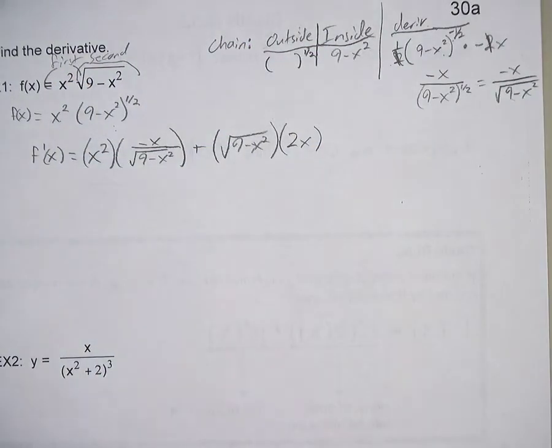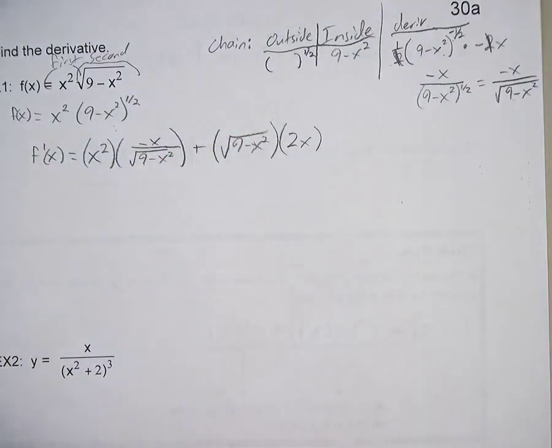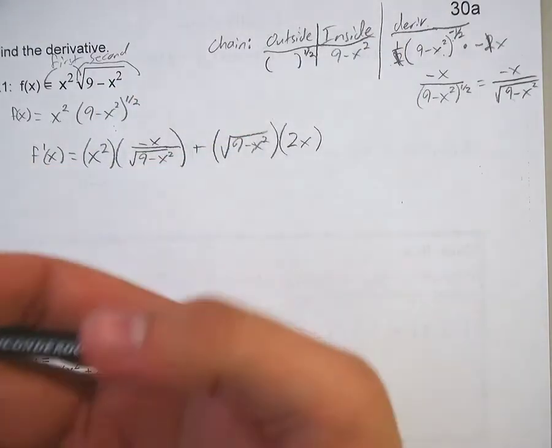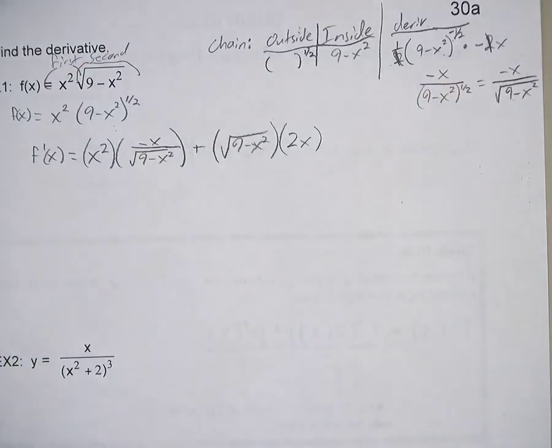Okay, so to find the derivative of the second, we had to use the chain rule. So it's kind of like we're compounding rules here. We're using different rules on the same questions, really. All right? Now, from here, we can simplify this a little bit.